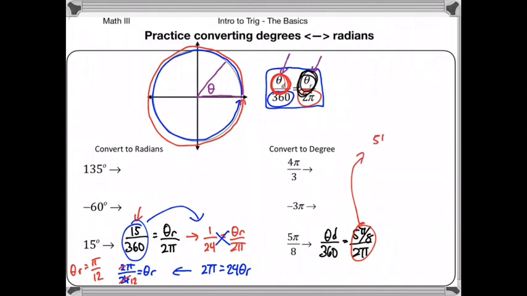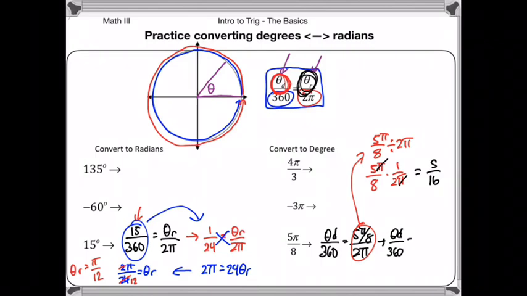That's 5 pi over 8 multiplied by the reciprocal, because that's how we do compound fractions. These cancel out, and multiplying straight across, we have on the right hand side 5 over 16. So when we rewrite this, theta d over 360 equals 5/16.